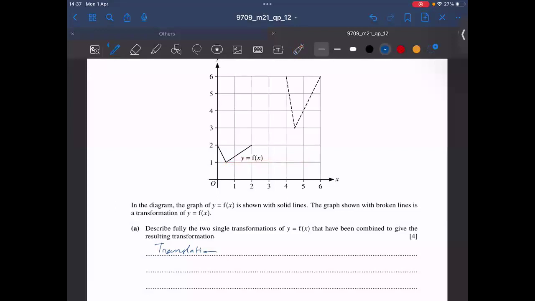So translation, and what is the translation vector? Four to the right. You have over here minus 4. 1, 2, 3, 4. Minus 4.